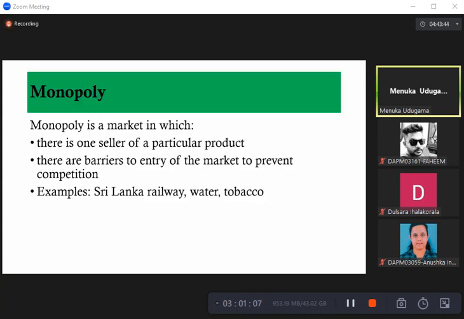So how would this type of firm, a monopoly, price its product? Now, this has the highest amount of market power. You can price wherever you want. You can price discriminate. Therefore, how will it decide where to price the product?